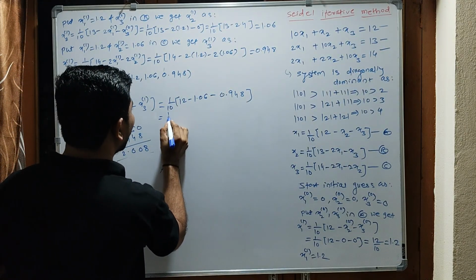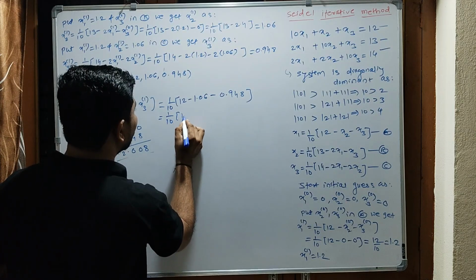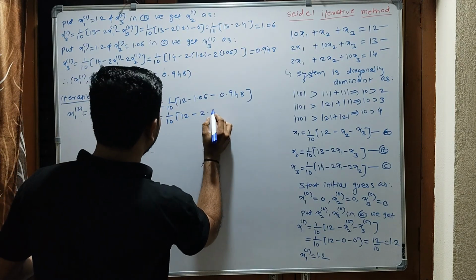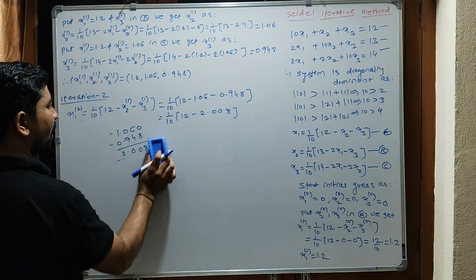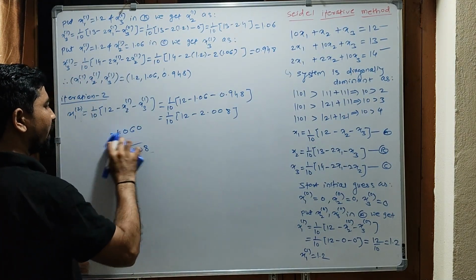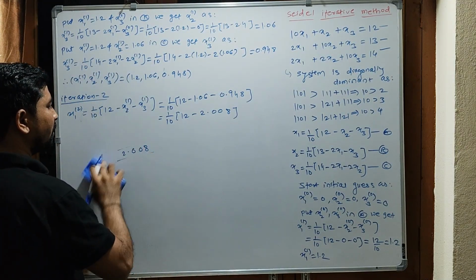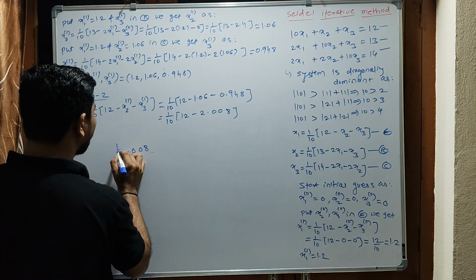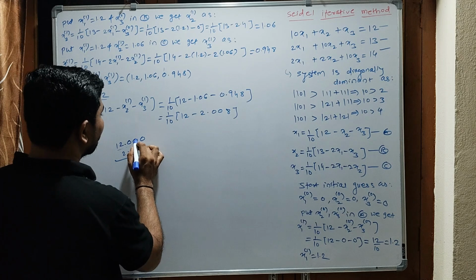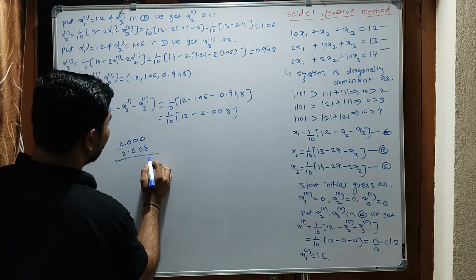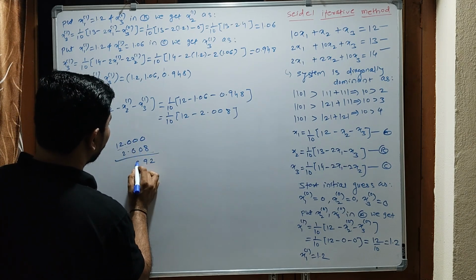Now I will write 1 by 10 times 12 minus 2.008. So after that I want to subtract this 2.008 from 12.